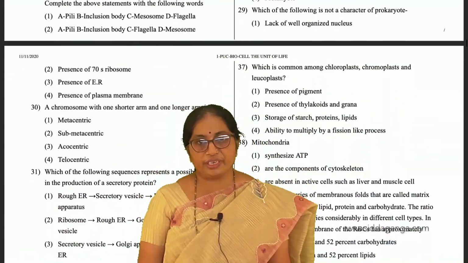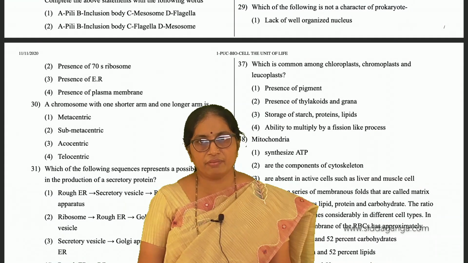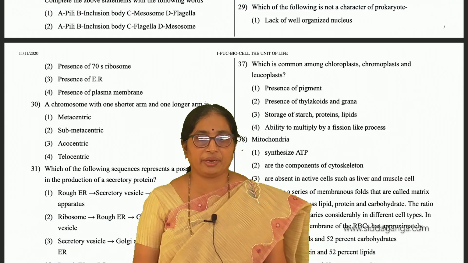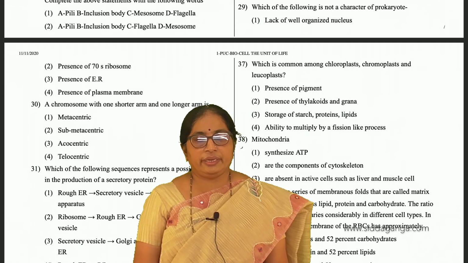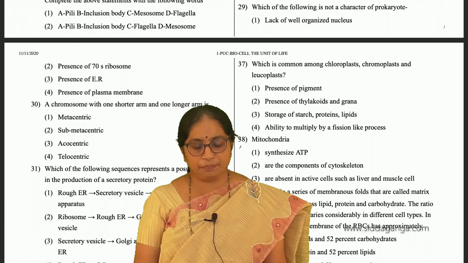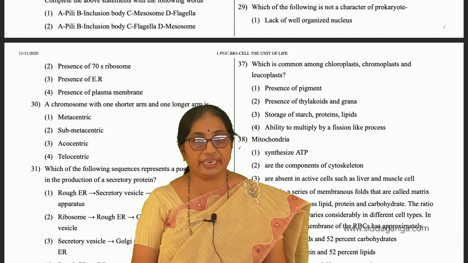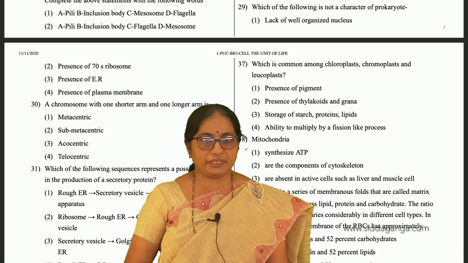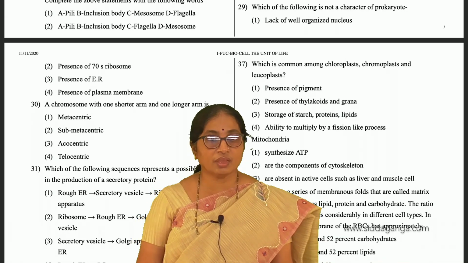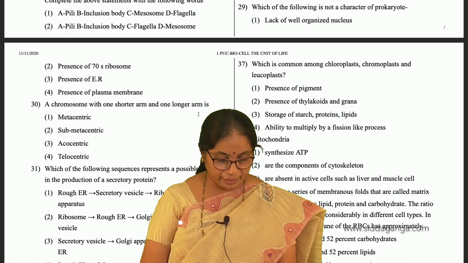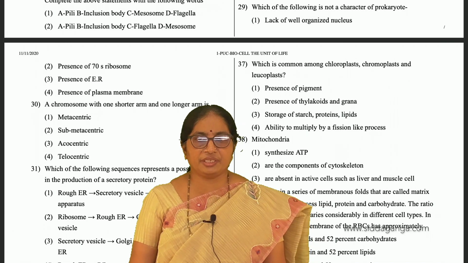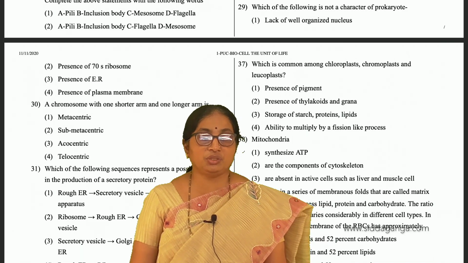Question number 29. Which of the following is not a character of prokaryote? Option 1, lack of well organized nucleus; presence of 70S ribosome; presence of endoplasmic reticulum; and presence of plasma membrane. So, lack of well organized nucleus is a character of prokaryotic cells; they are asking which is not a character.